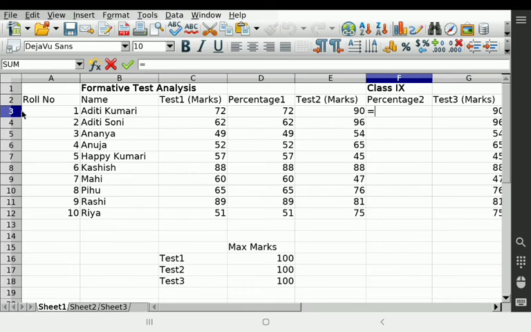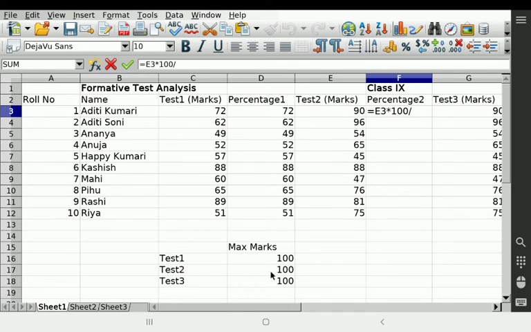So you can write here E3, then multiplication sign 100 divided by cell reference for this 100, which is the maximum marks for test 2.